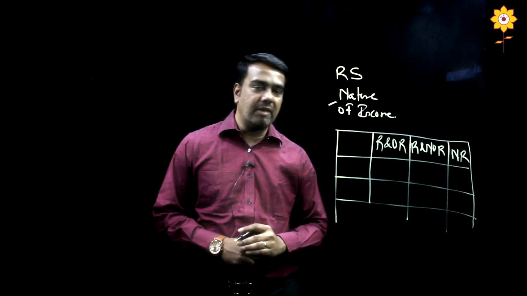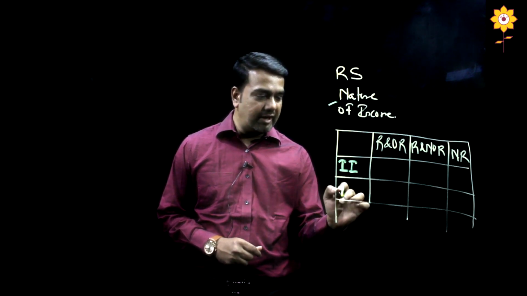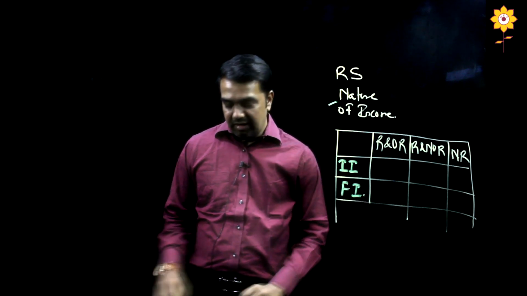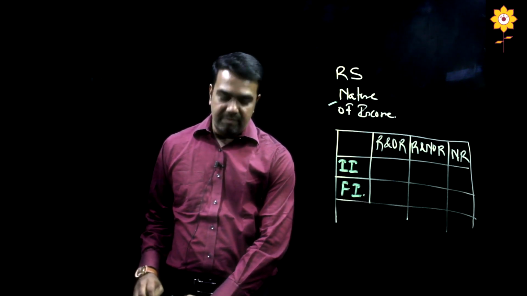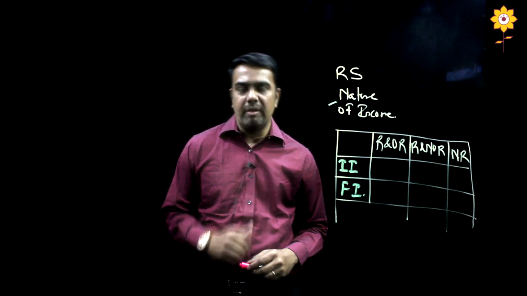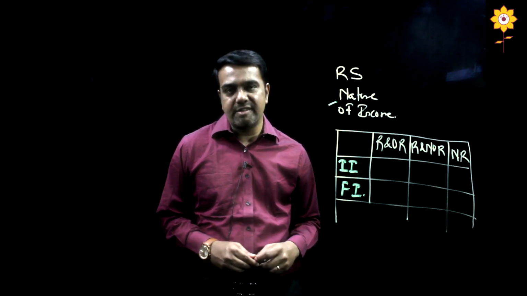Now nature of income, it can be Indian income or it can be foreign income. Indian income is that income which is accrued, received, deemed to accrue, deemed to receive in India. Foreign income definition is very easy.